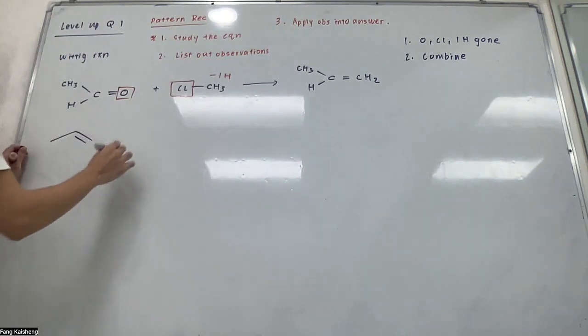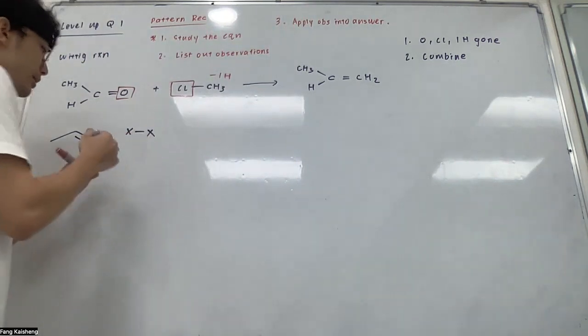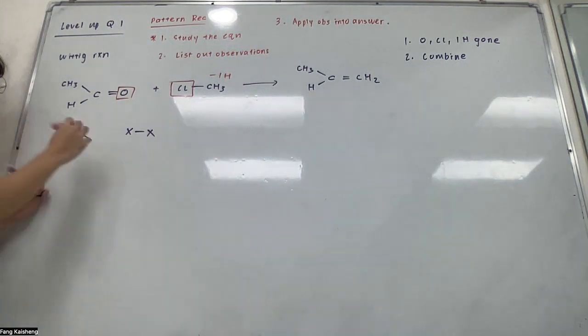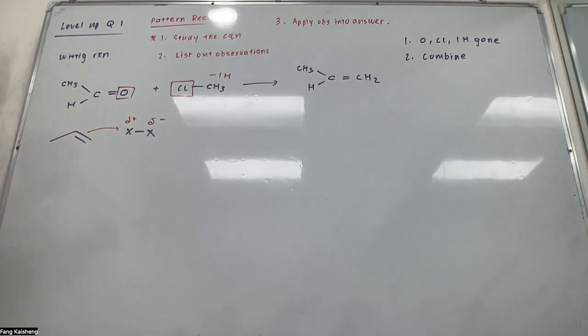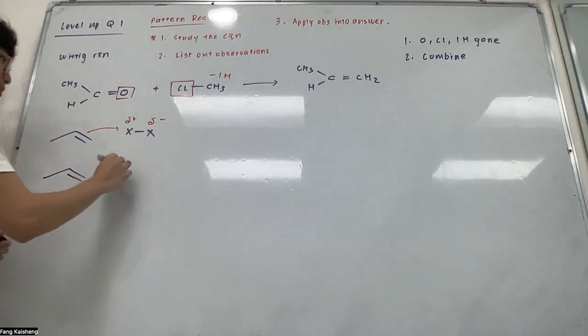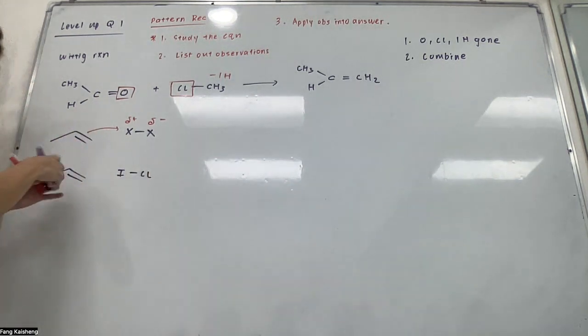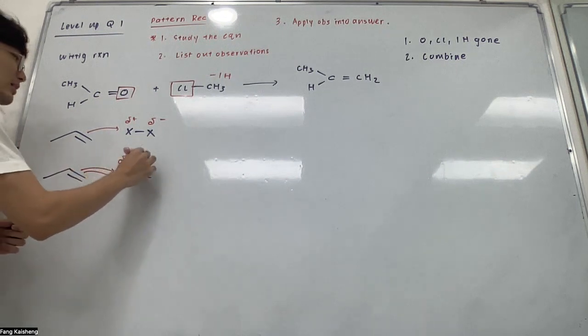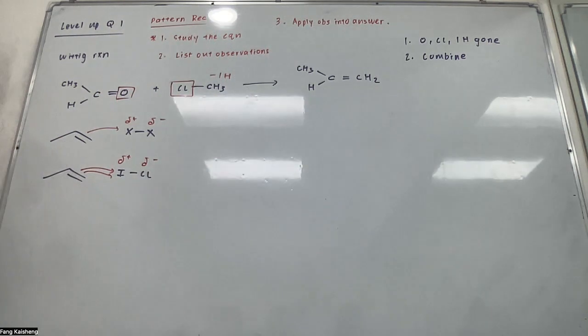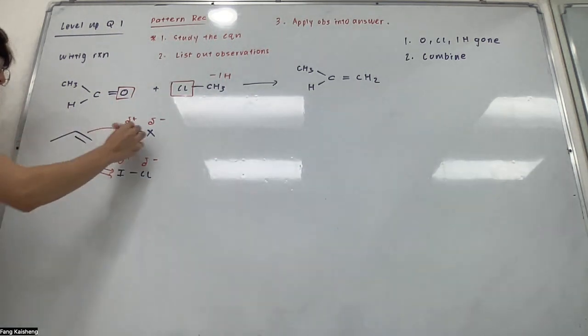You take a normal alkene, you take a halogen, then it's just the rich attacking the poor. But if you take, let's say, ICl, same thing, rich attacking the poor. Let me just show 2 arrows, faster. Somehow this is faster. Okay, don't ever draw two arrows, I'm just showing you the difference.